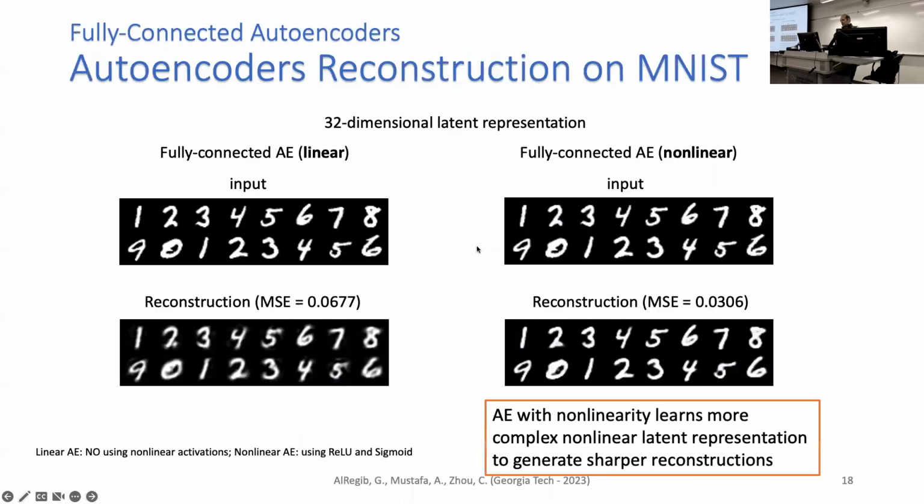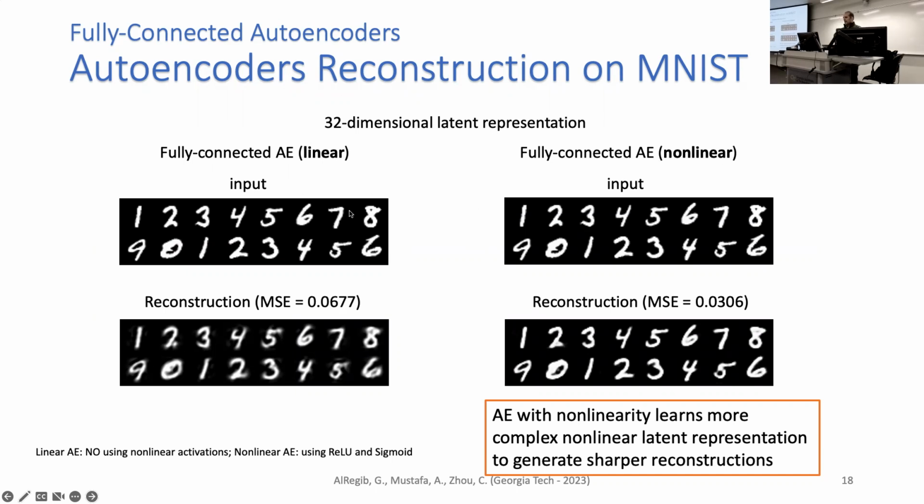If you do that, you will get this kind of comparison. The latent space dimension is 32. On the left-hand side, we have a fully connected autoencoder with linear layers, so we can just say linear autoencoder. This one is the nonlinear, and we are using a ReLU in this case.